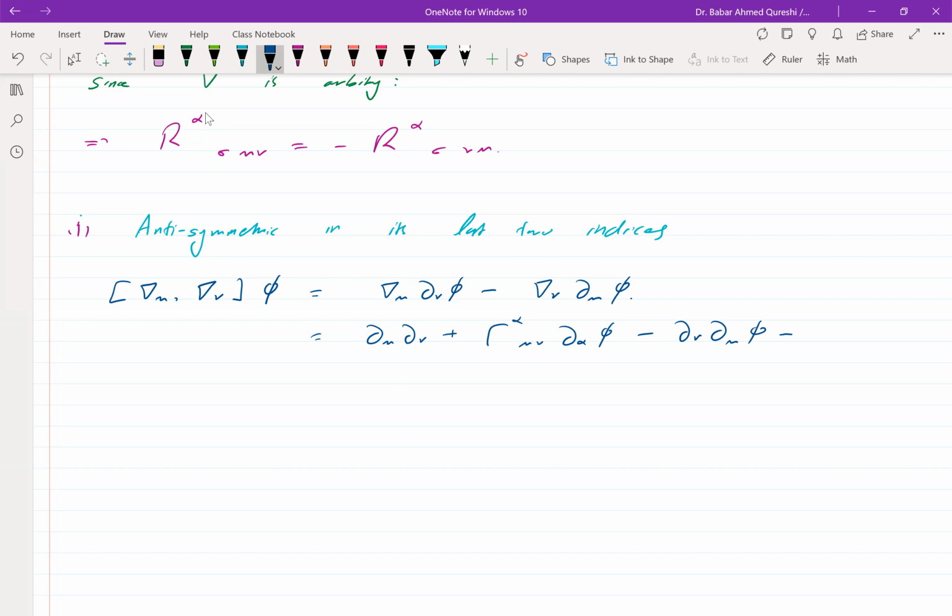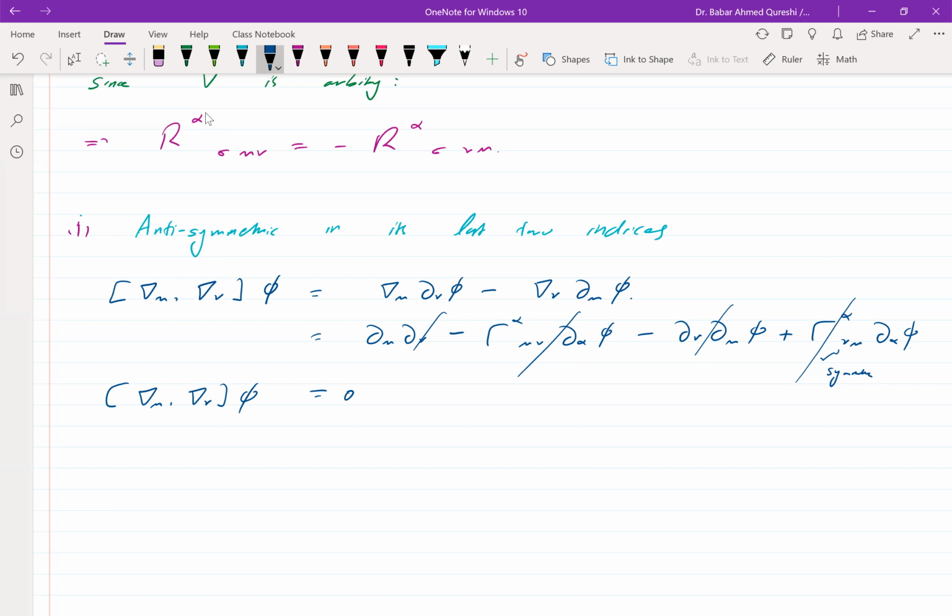Sorry, this comes with a minus sign by definition, so this becomes plus Γ^α_{νμ} ∂_α φ. But these are symmetric, so these cancel and these cancel. So this is 0. The commutator of two covariant derivatives on a scalar is 0.